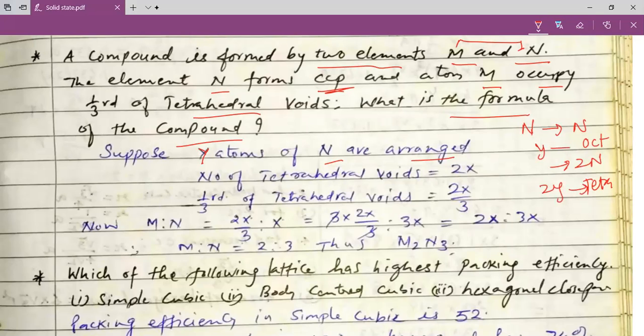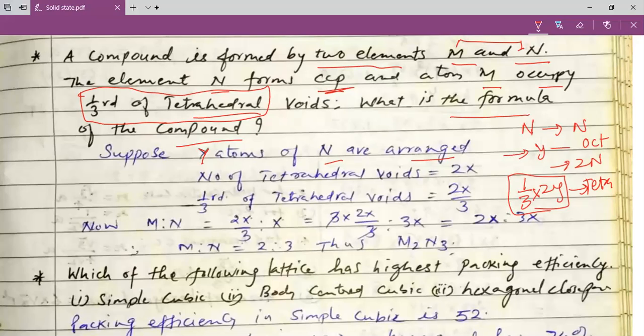Now what does the question say? The element N forms CCP, that means the arrangement of the particles, and M occupies 1/3 of the tetrahedral voids. That means 1/3 multiplied by 2Y. So these are the total number of particles present of M, whereas Y particles of N are present.